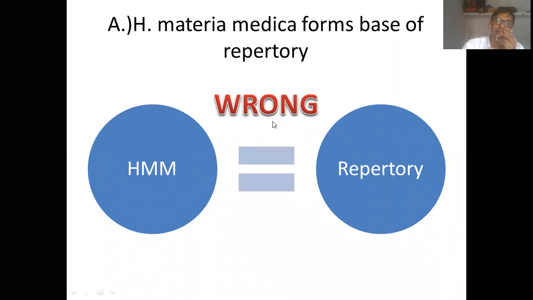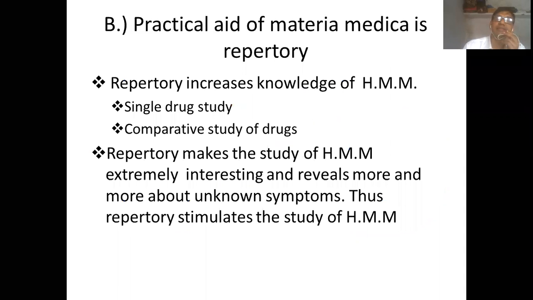So this sentence which describes the relationship can be asked as a long question. It can also be asked as a short question by saying, justify homeopathic materia medica forms the base of repertory. Then the second relationship is that the practical aid of homeopathic materia medica is repertory.